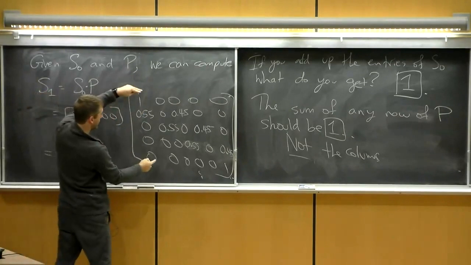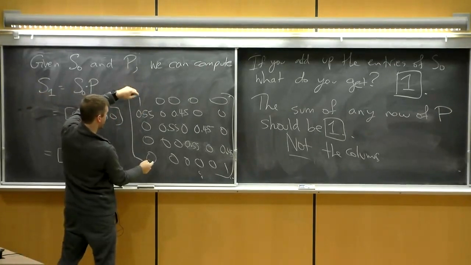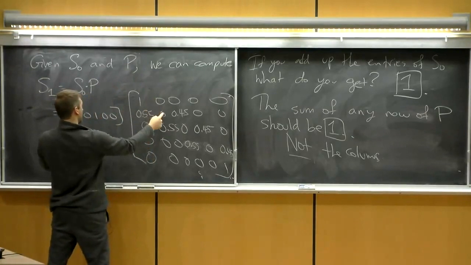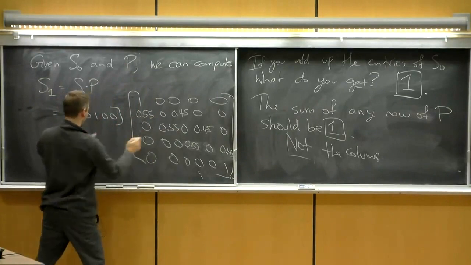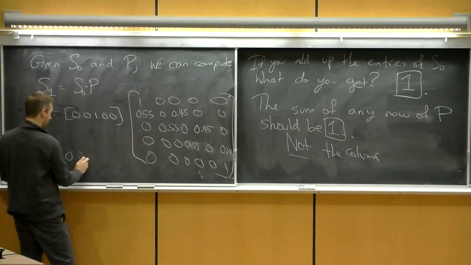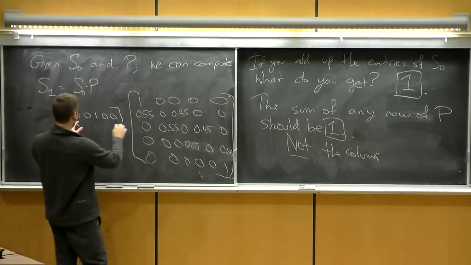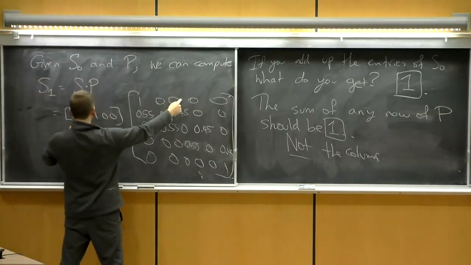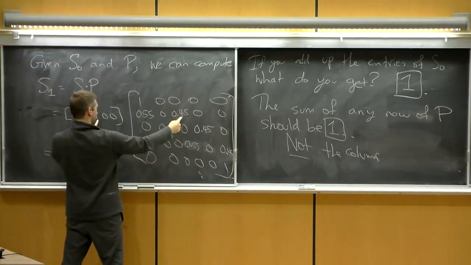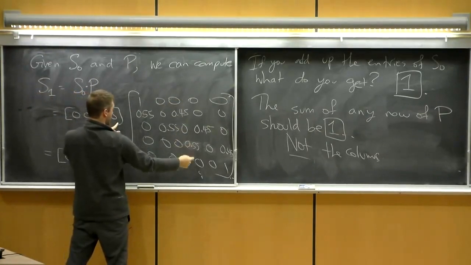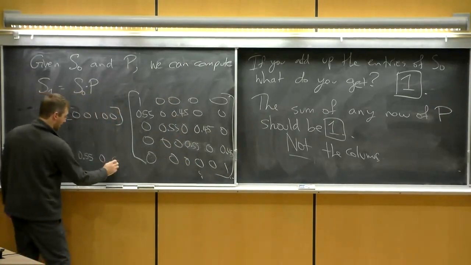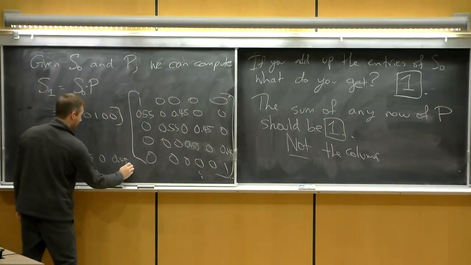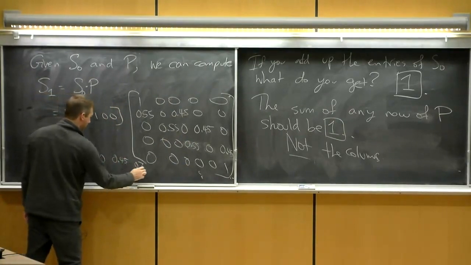I then get 0, 0, but then this is 0.55 times 1, which is 0.55. And then everything else is 0. So I'm just applying the rules of matrix multiplication. Then you'll see that this one's 0.45, and the last entry is 0.